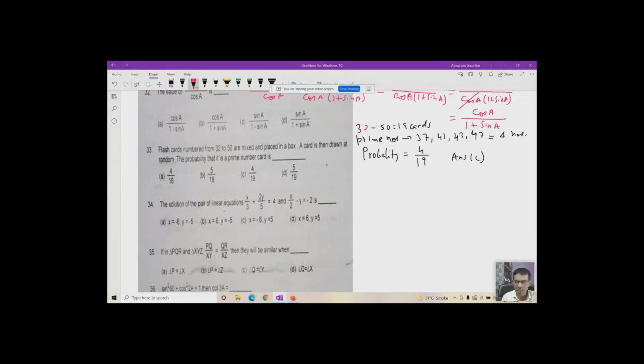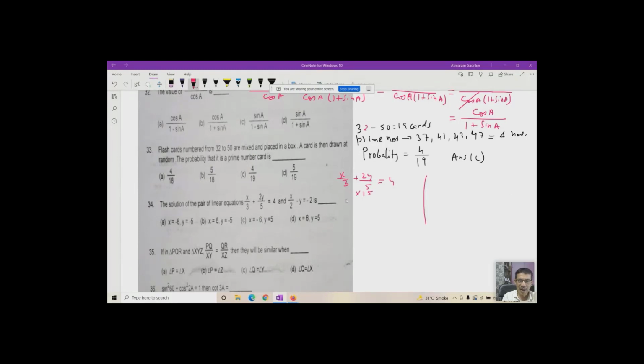Now, let me solve this question. Solution of a pair of linear equations. These are the pair of linear equations that I have to solve. I will take the first equation and solve it in two parts. The first equation is x divided by 3 plus 2y divided by 5 is equal to 4. I will remove the denominator by multiplying by 15.